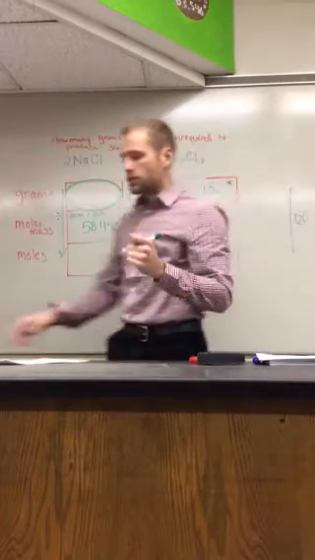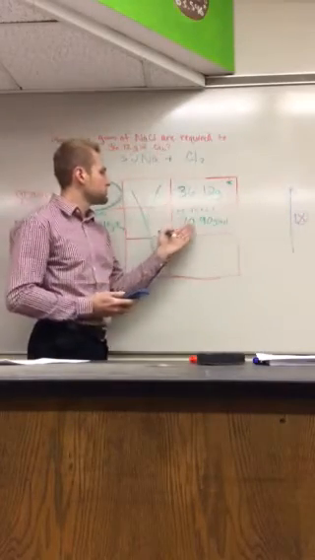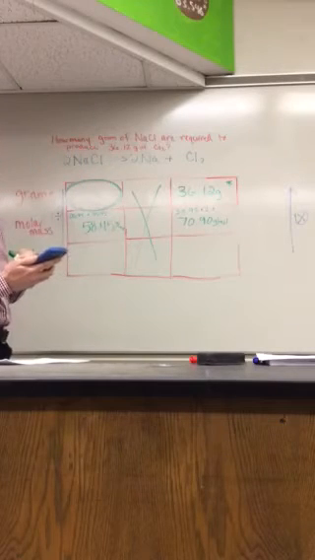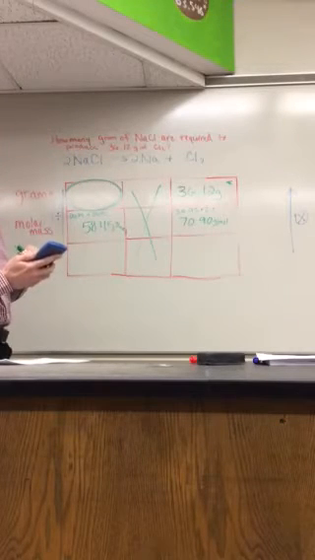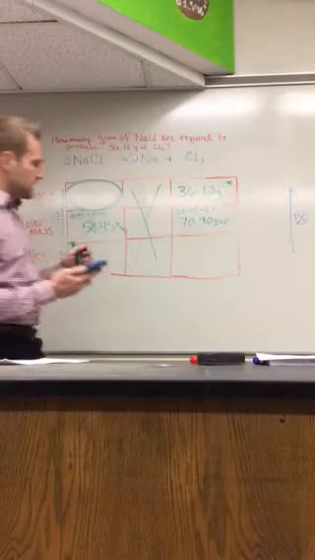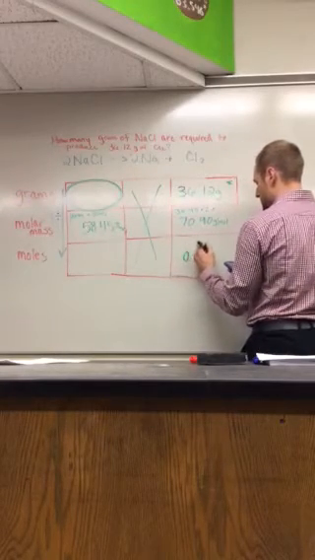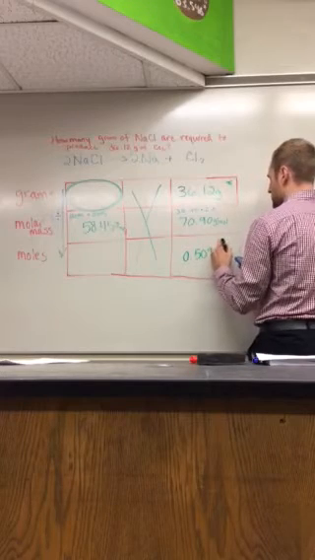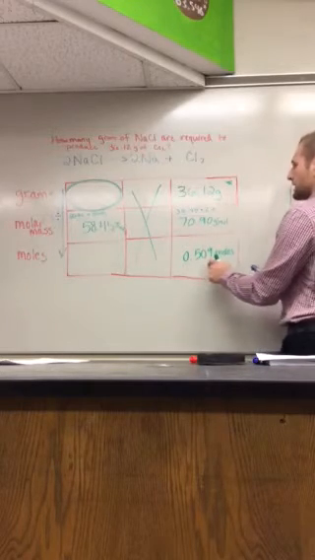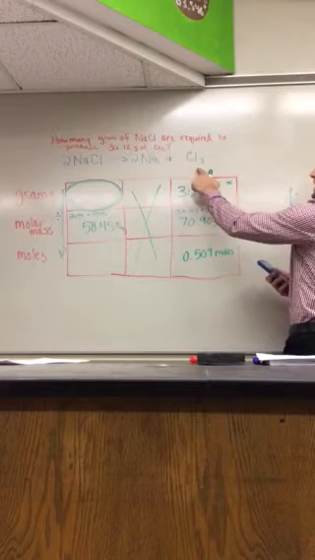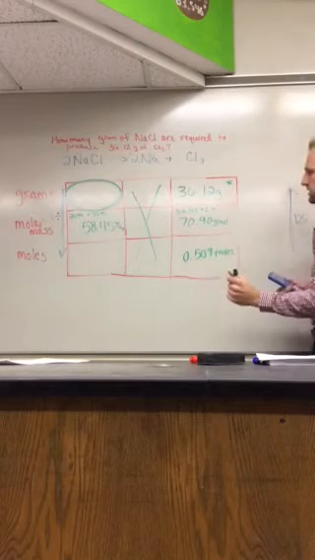So first I divide 36.12 by 70.9, and I get 0.509 moles. That's how many moles of chlorine gas I need to be producing.